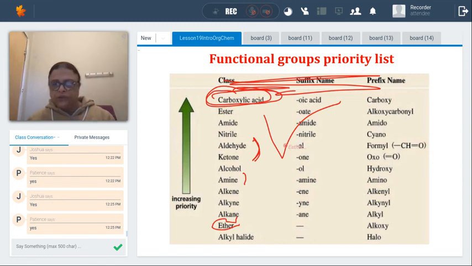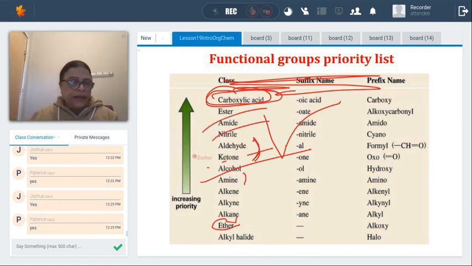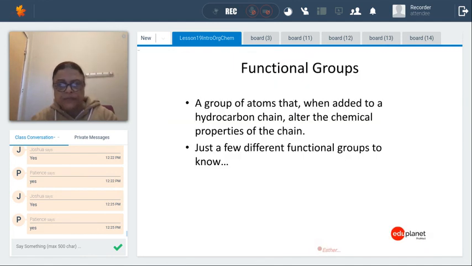But it just shows you that you need to practice the names now because it's going to get more complex. We're going to talk about alcohols, ketones, aldehydes, nitriles, amides, esters, anhydrides, the whole shebang of organic chemistry. So what are functional groups?